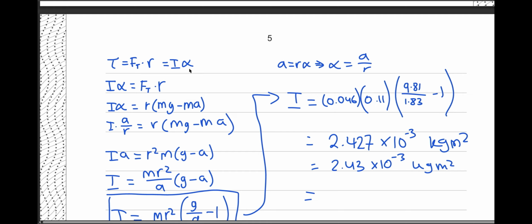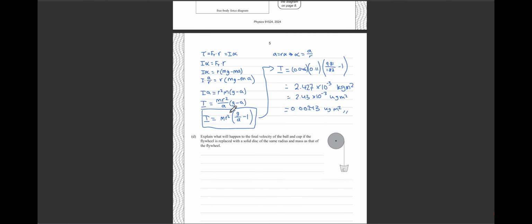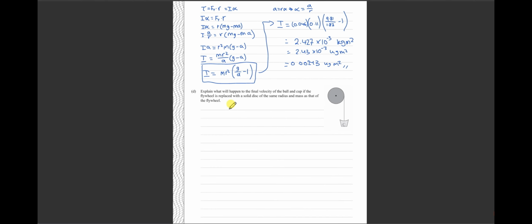Or alternatively, that is 0.00243 kg meters squared. Nice. I hope that's right. Okay, let's move on to the next one.